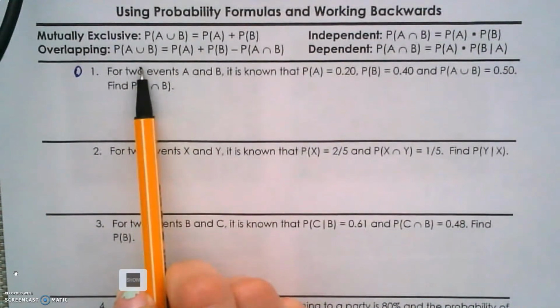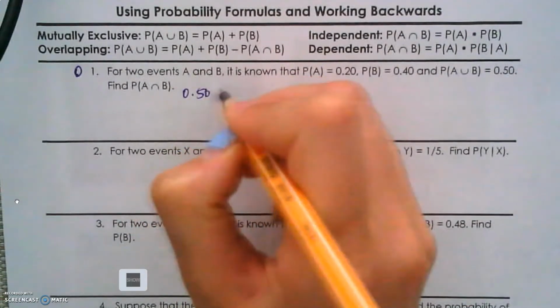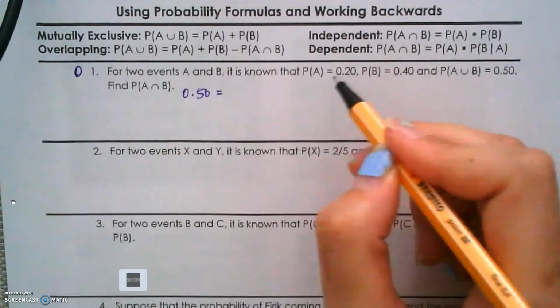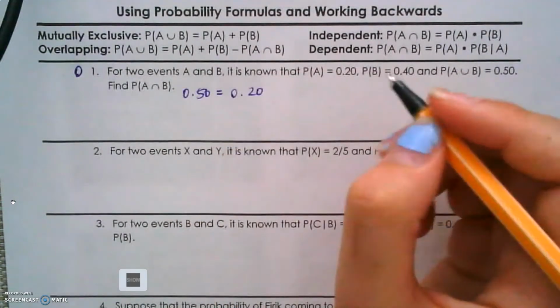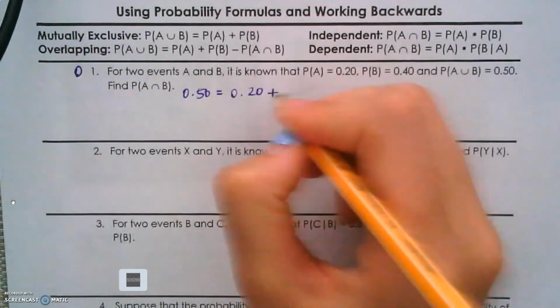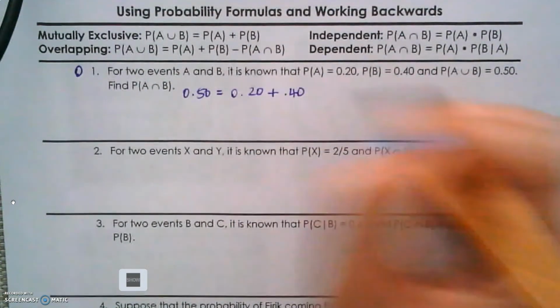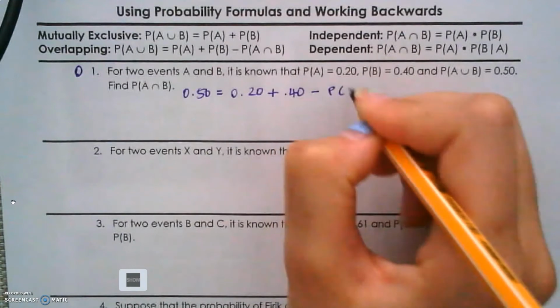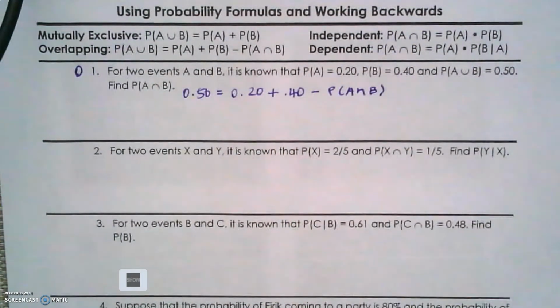We know the union. The union is 0.50, which is equal to the probability of A, 0.20, plus the probability of B, 0.40, and we want to subtract the probability of that intersection, which is what we are trying to find.